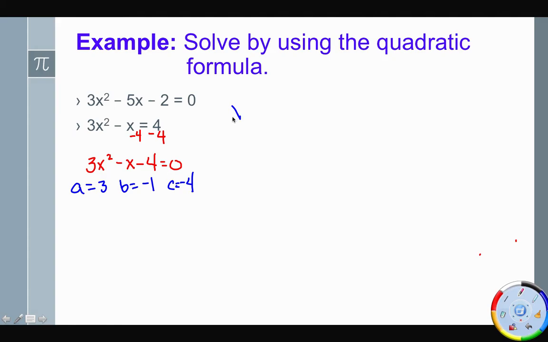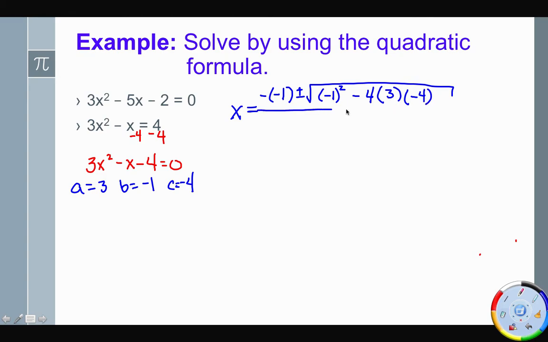So then we say, okay, x equals, using the quadratic formula, x equals the opposite of b plus or minus the square root of b squared minus 4 times a times c all over 2a.